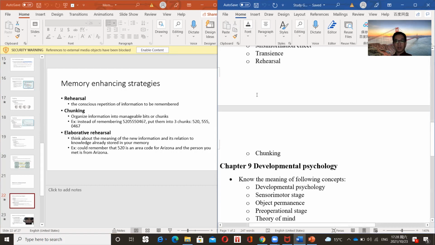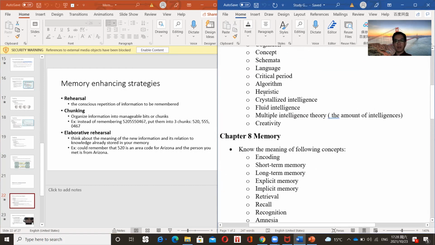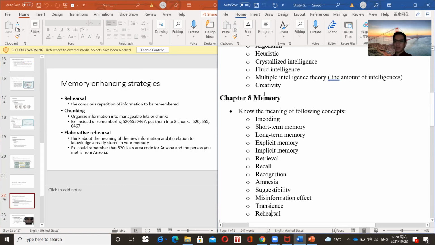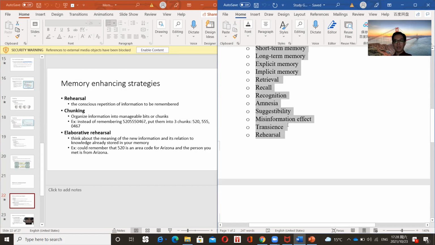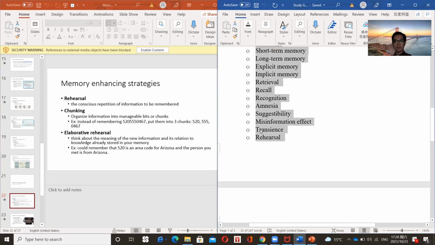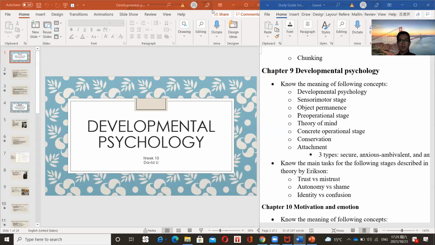And next, so this is about memory. We have covered a lot in this chapter, but we need to know the meaning of these concepts. The chapter following the memory chapter is about developmental psychology.